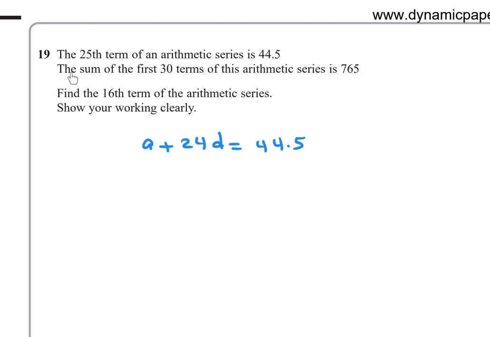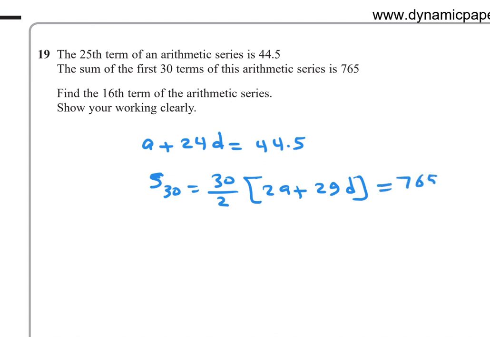The second equation, the sum of the first 30 terms. S30 equals 30 over 2 times (2a plus (n minus 1)d), which is 30 minus 1, so 29d. S30 equals 765.